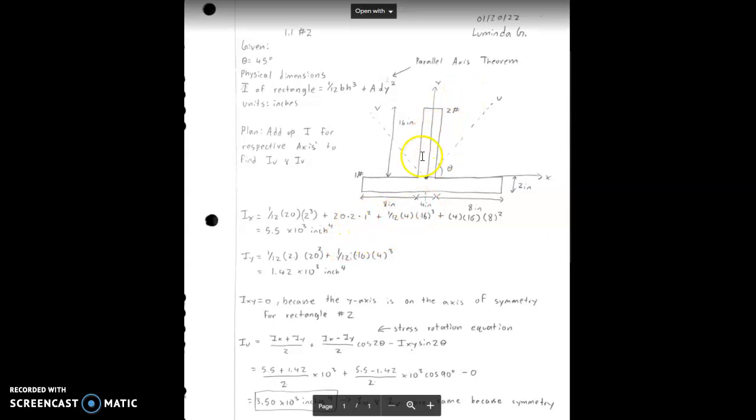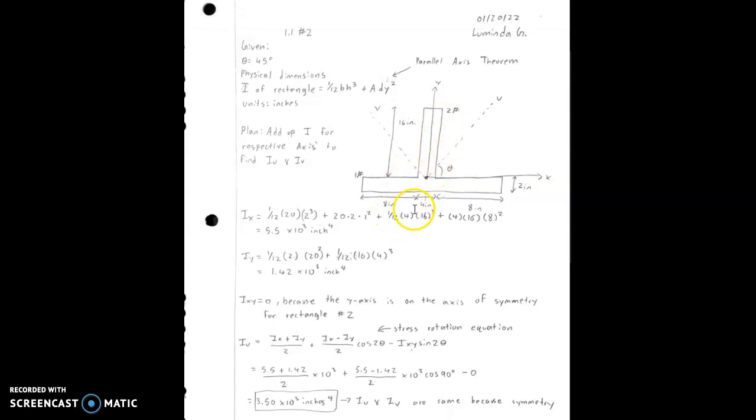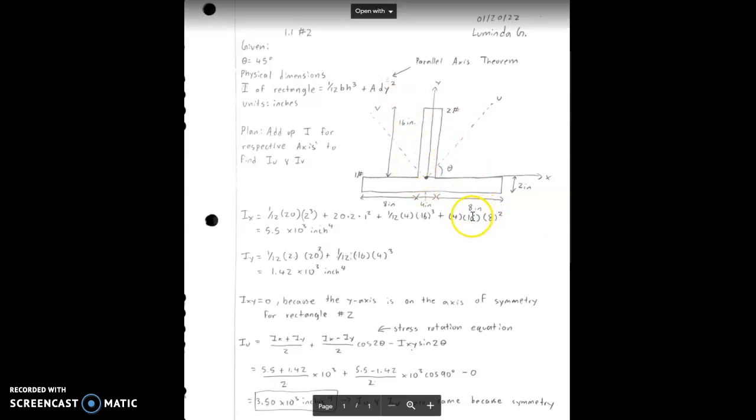And then we do the same for the top rectangle here. So plus 1 over 12 times 4, which is the base of this rectangle, and then times the height, which is 16 cubed, and then plus 4 for the area. So this A is area, so 4 times 16.